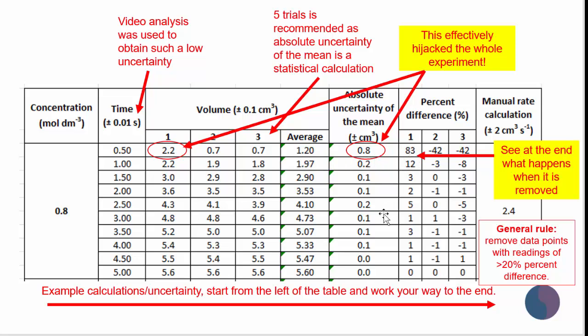When I fix the data, I actually have to redo all my graphs and tables and values all over again, because once I've removed all the results with greater than 20% difference as anomalous, it comes down to just 0.31, which is much, much better. So I have to redo everything, and I'm not using this value at all for my example calculations.